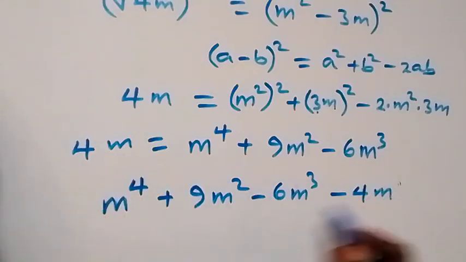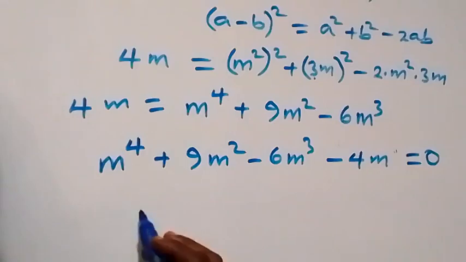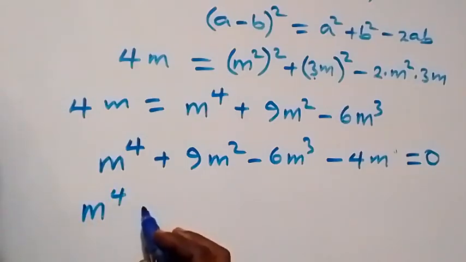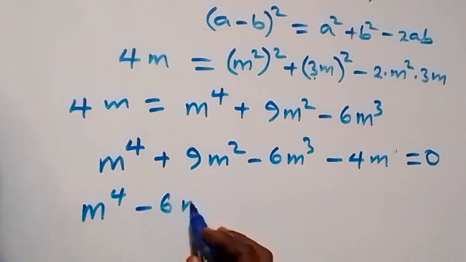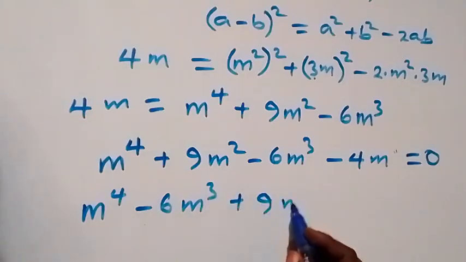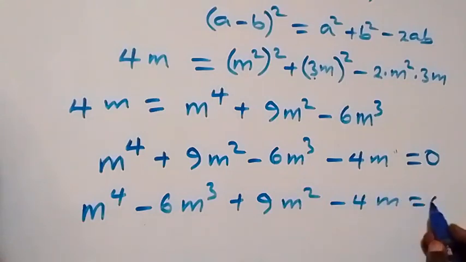Then what is left here is 0, which implies we can put 0 on this side. Then let's rearrange this. That is, we have m raised to power 4 minus 6m cubed, then plus 9m squared minus 4m, here now equals to 0 from here.